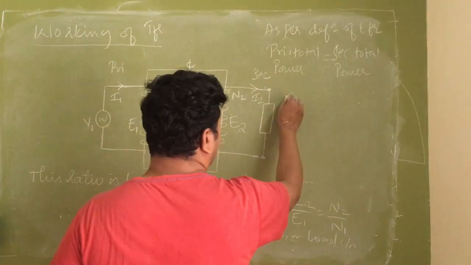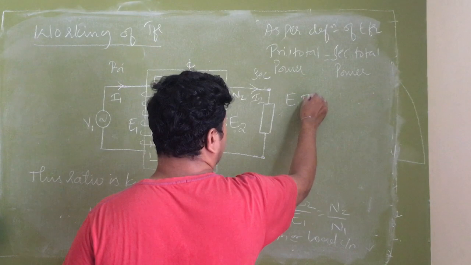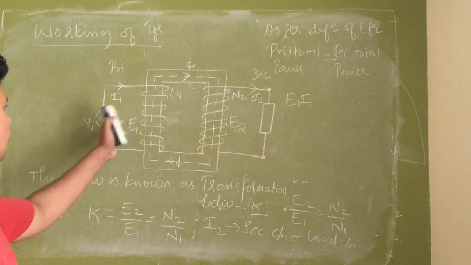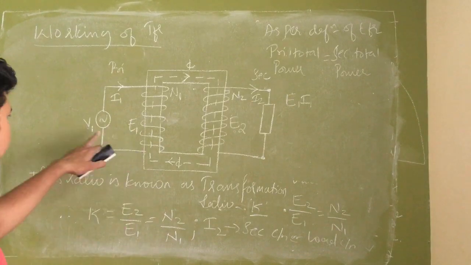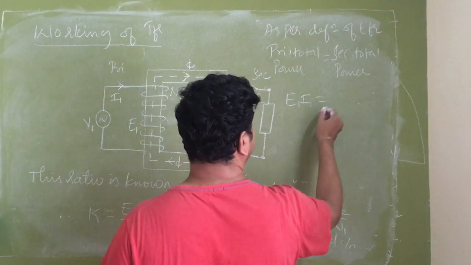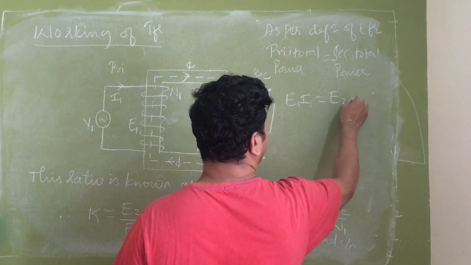That is, I can write E1 into I1 or V1 into I1, there is not much difference, because E1 will be nearly equal to V1, is equal to E2 into I2.